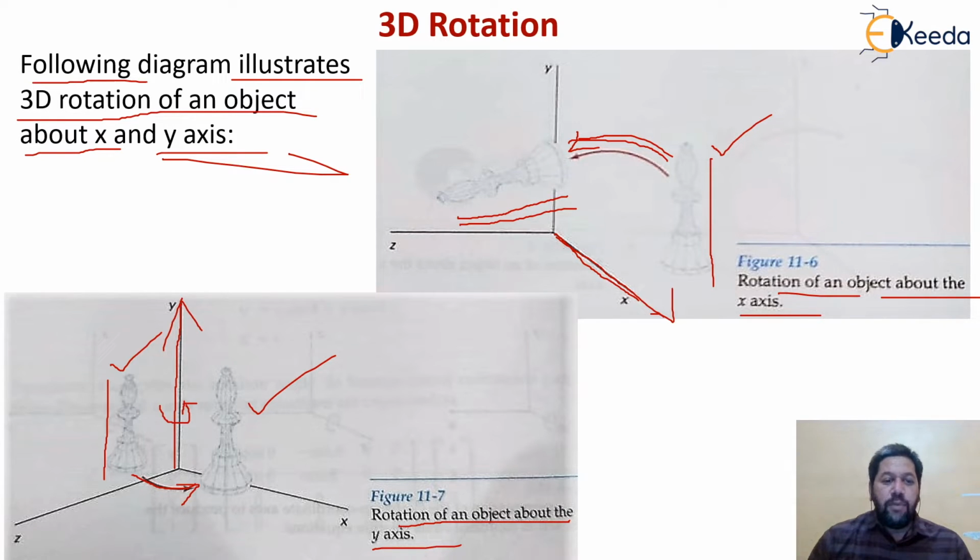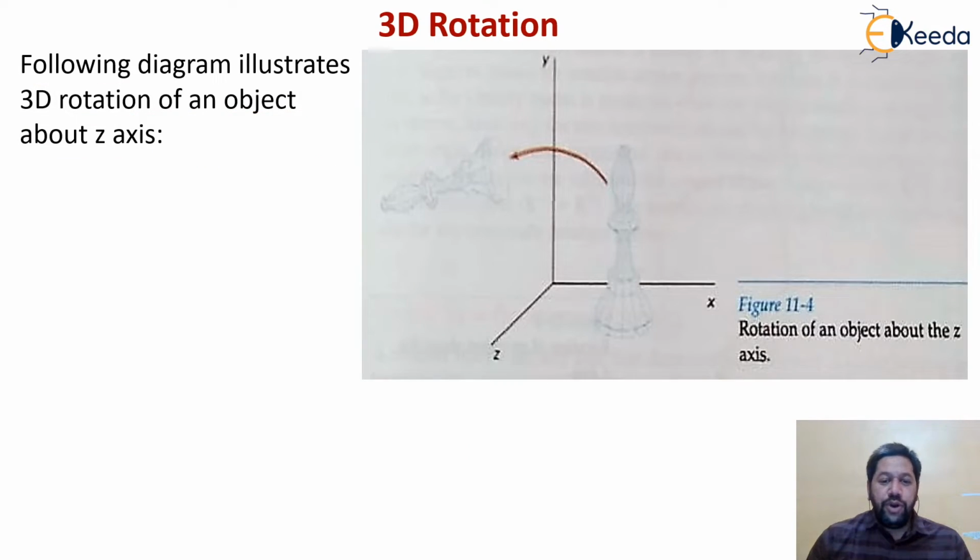So let us move on and see one more diagram, how the object will look if I rotate the 3D object about the z-axis. Let us understand this diagram. The following diagram illustrates the 3D rotation of an object about the z-axis. Here you can find the way the object has moved.